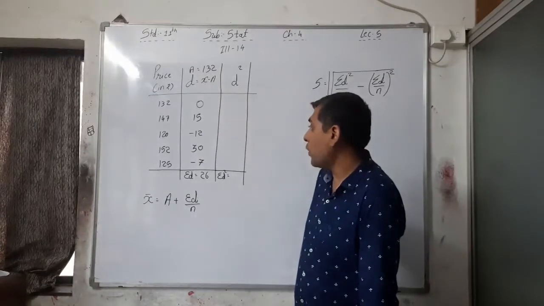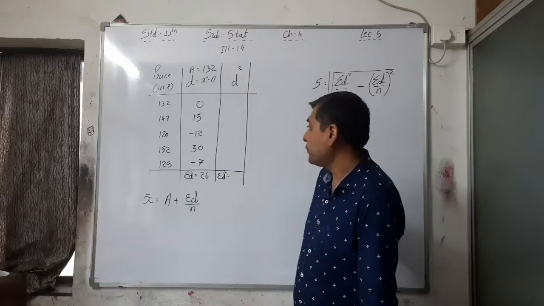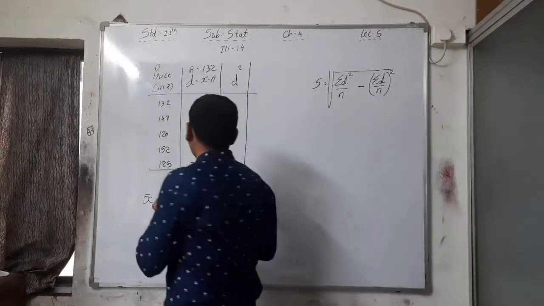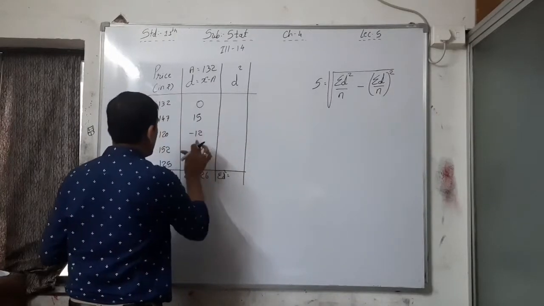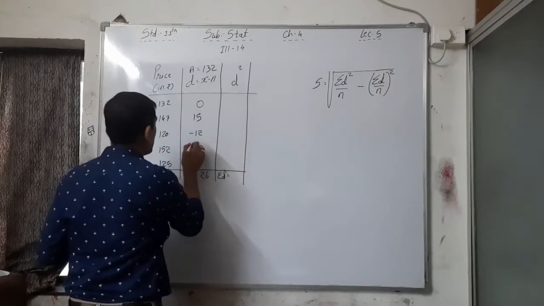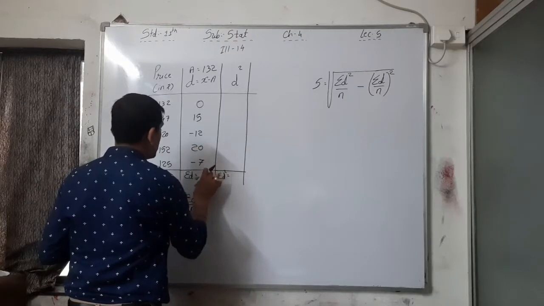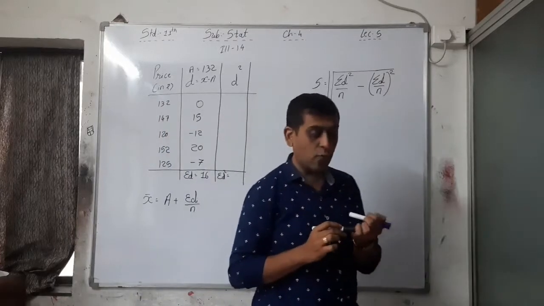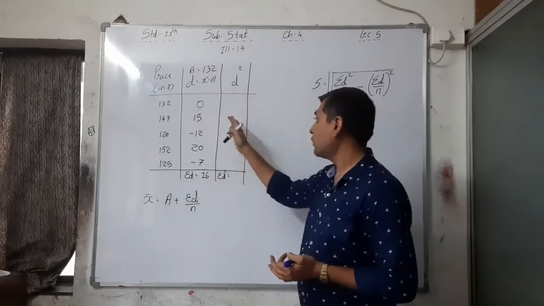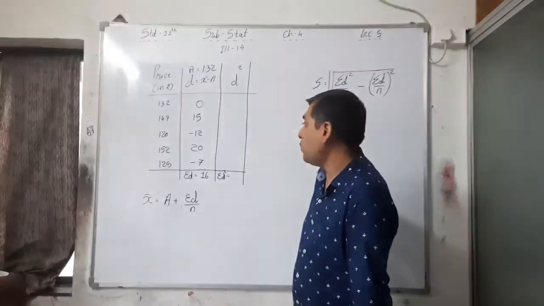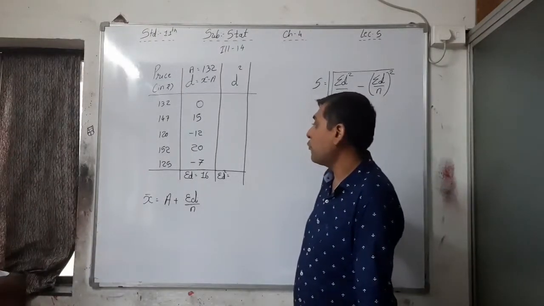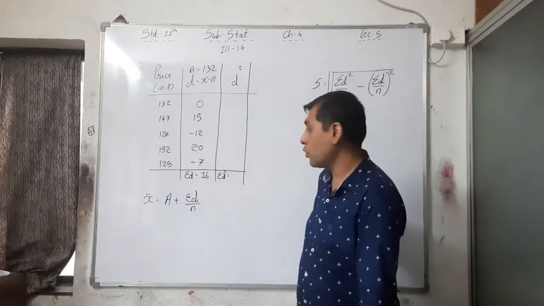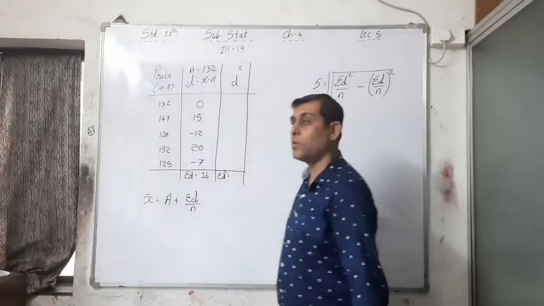Then 12 square, 144. See here, not 30, here 20 is there. 152 minus 132 is 20, so 20 square is 400. Sorry. So now 0, 225, 144, 400, and then 49. Okay, so what is your sigma d square? Find out that.